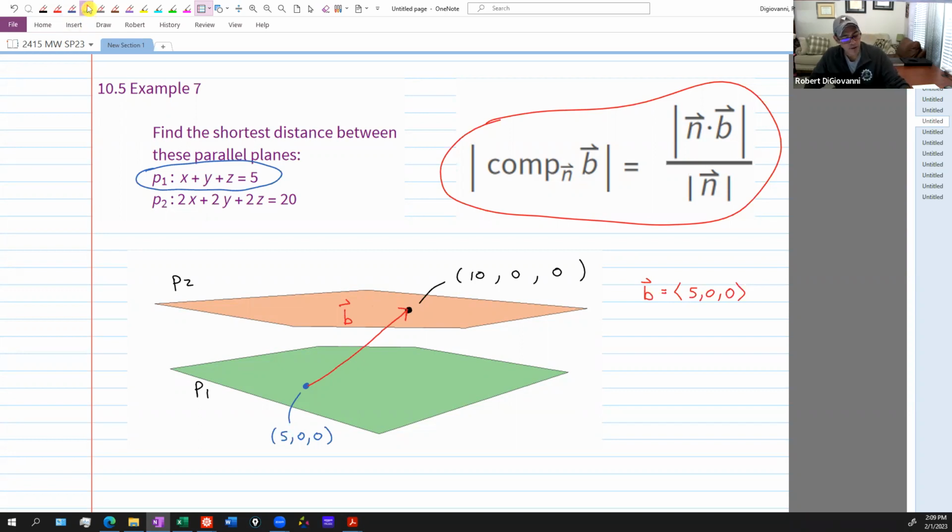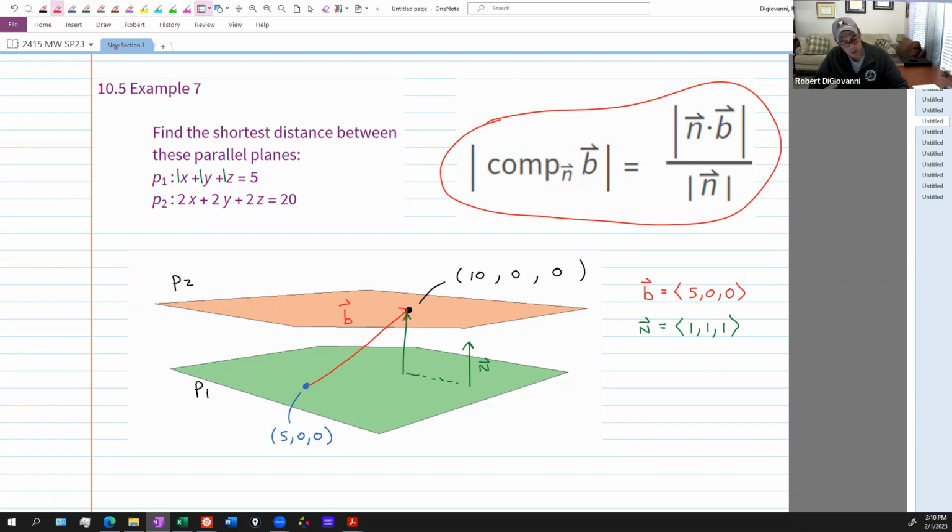Now I'm going to create the normal vector of this plane, that normal vector, right? I need to find that. That should be easy because I have the equation of plane 1, don't I? And so I'm going to use the normal vector, which is just the coefficients on plane 1: 1, 1, 1. And then this is the part that's kind of weird, but we're saying move that n to where it lines up with the black one, okay?